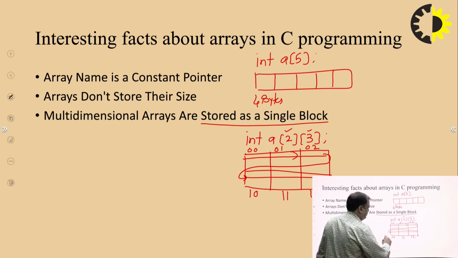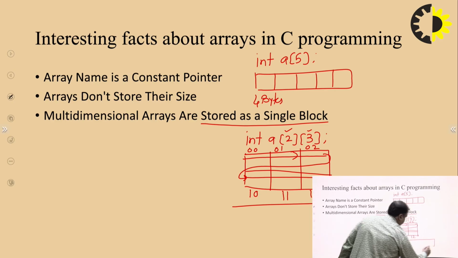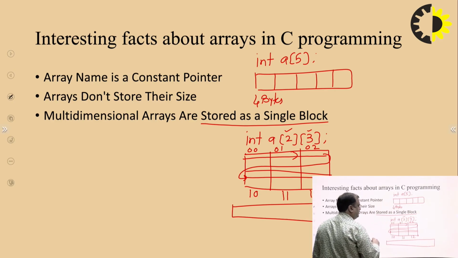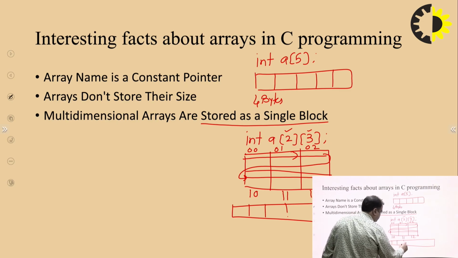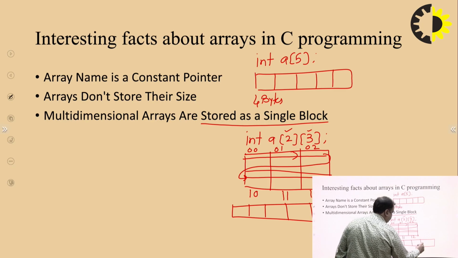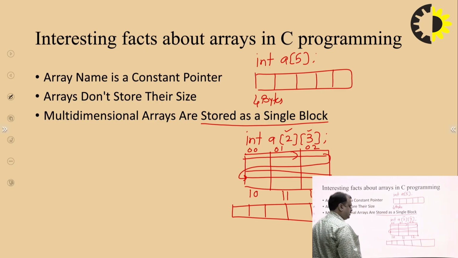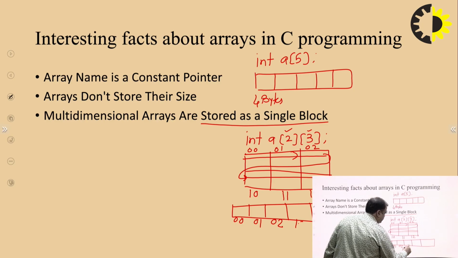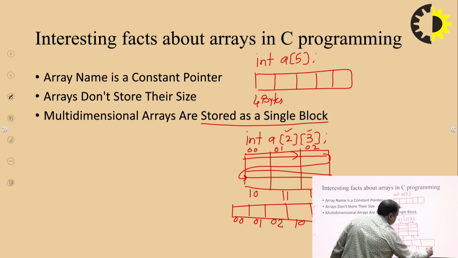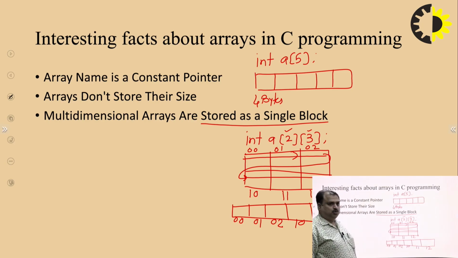So it will be stored, total elements are 3 into 2, 6. So 1, 2, 3, 4, 5 and 6. So index 0 0, 0 1, 0 2, 1 0, 1 1, 1 2. So it will be stored like that.